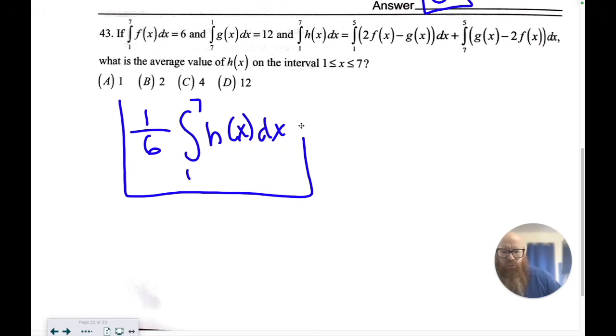So that is what we're trying to find. So now let's use the given information to figure that out. Well, they're telling us that the integral of h of x from 1 to 7 is this whole thing here.